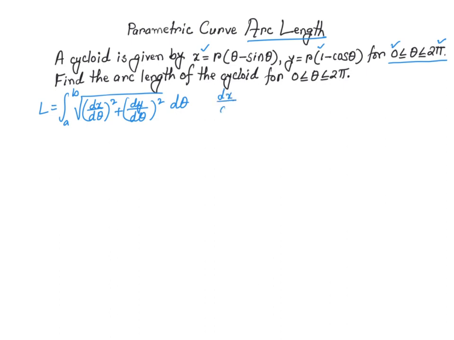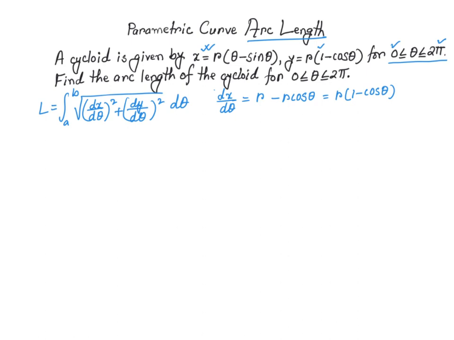Dx over d theta is going to be the derivative of x with respect to theta. So it's going to be r times the derivative of theta, which is just 1, minus r times the derivative of sine of theta with respect to theta, which is cosine of theta. That is basically r times 1 minus cosine of theta. Now I need to square it.